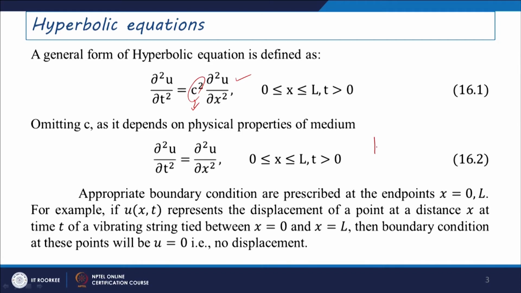We are considering a fixed string in the domain 0 to L, so at the different points we have to provide the u data at a fixed time, and the boundary condition is u equals 0, since there is no displacement at the two tied points of the string.